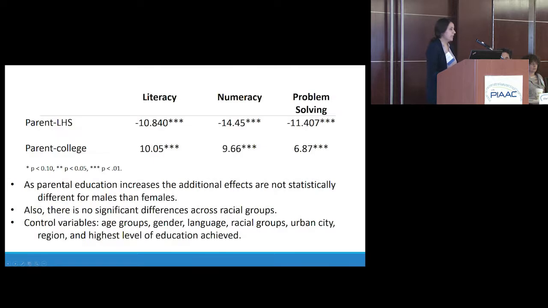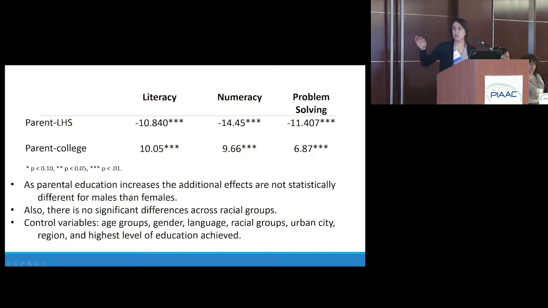The next slide is studying relative mobility using regression analysis. So here we see exactly similar results. We use parents with high school as a reference group, and we see that individuals with less than high school parental education receive lower scores for literacy, numeracy, and problem solving compared to individuals with high school-educated parents.